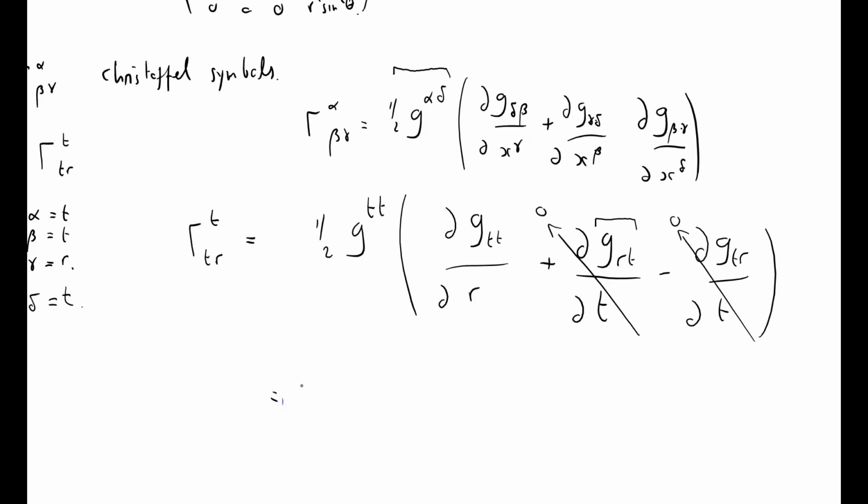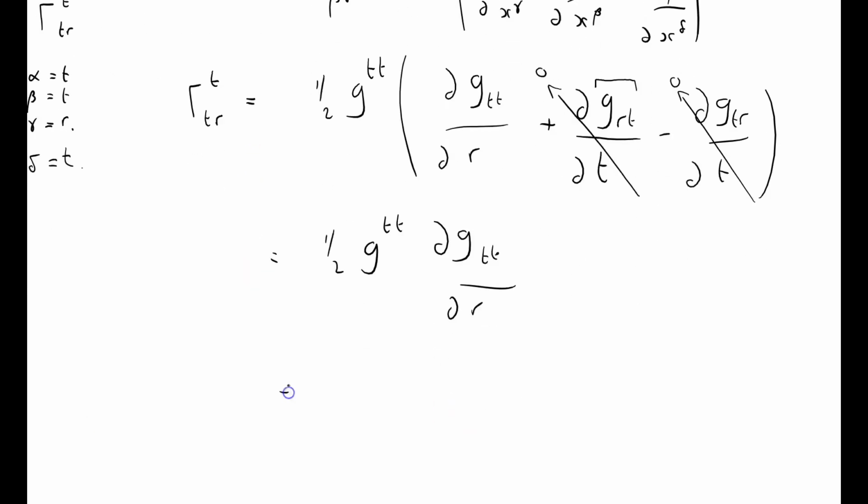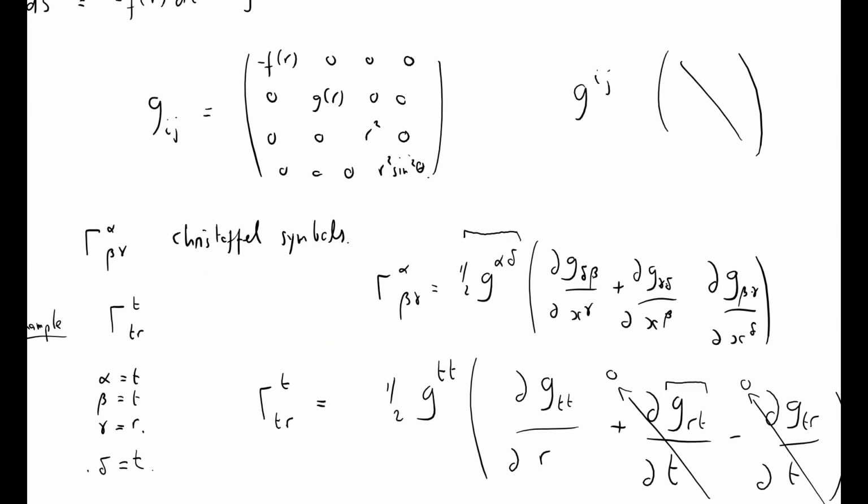So we are left with a half g superscript tt times the partial of g subscript tt with respect to r, which equals a half, and we invert this matrix.